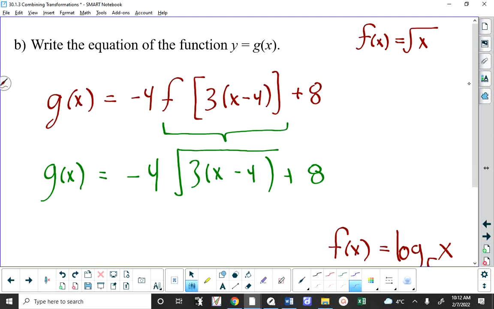I don't think you're going to see it today, but you'll see it in chapter 2, where you're told that f of x undergoes translations described by these 4 parameters to produce g of x, and g of x is then reflected vertically across the x-axis. What's the equation of the new function? And the answer would be that, because reflecting across the x-axis is multiplying the function by -1. So you'd multiply the entire function by -1.